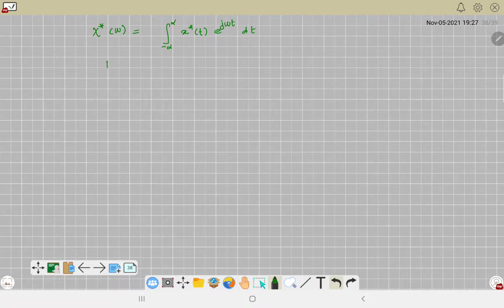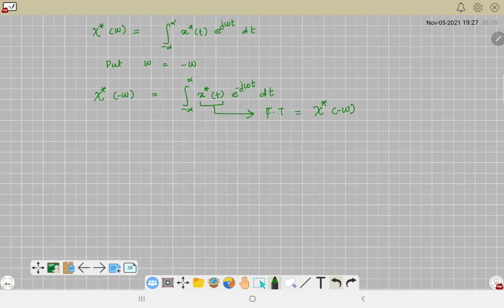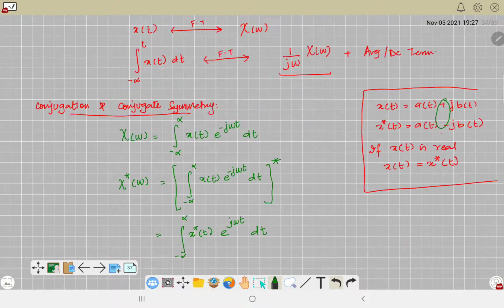Right? Then if we do a simple substitution, if we put omega equal to minus omega, we will have X conjugate of minus omega equal to the integral from minus infinity to infinity of x conjugate t e raised to the power minus j omega t dt, which means its Fourier transform is X conjugate of minus omega, because the rest of the integral is the same as the standard form.